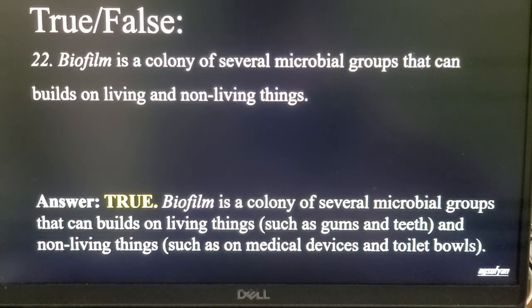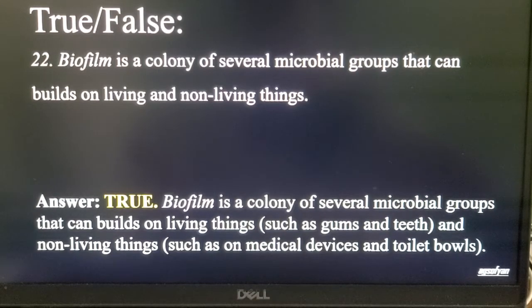And this biofilm can also be built on non-living things. Like for example, the equipment that is used by dentists to clean the teeth might be contaminated with this biofilm. And if it is not cleaned very well, then there can be biofilm built on that dental equipment, and it may become the way some bacteria transfer from one patient to another patient.